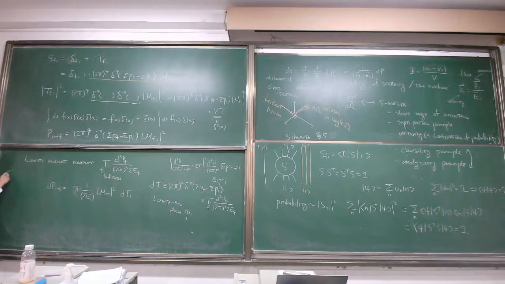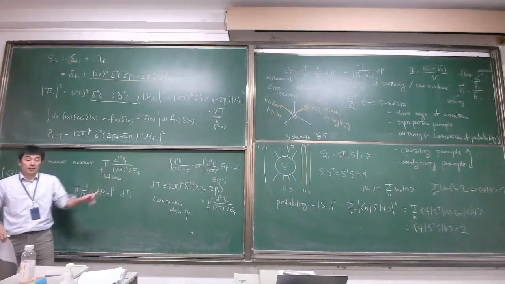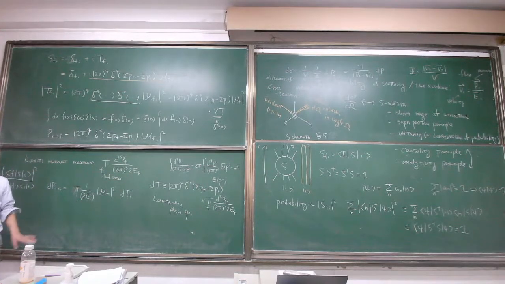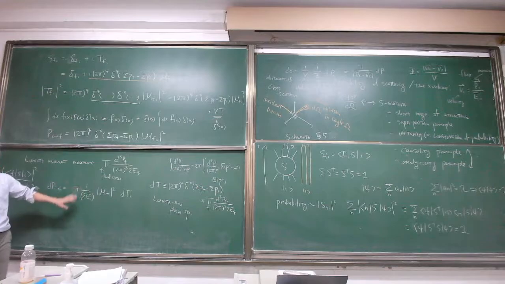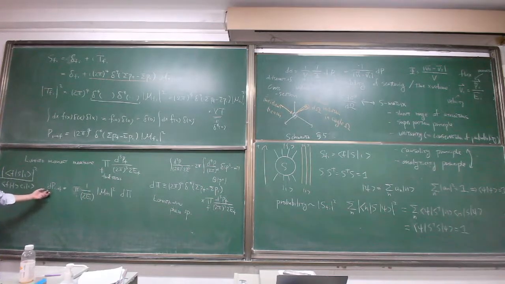Essentially, what we need to do is take the square of the amplitude, and then normalize the final and initial states, and this will give you the E_f and E_i. So you have to incorporate this 1 over 2E_i into the differential probability.